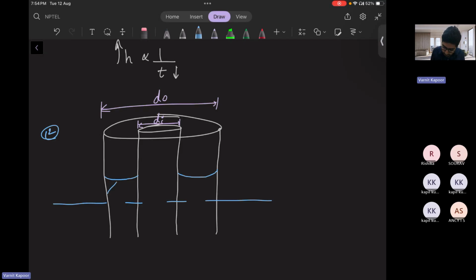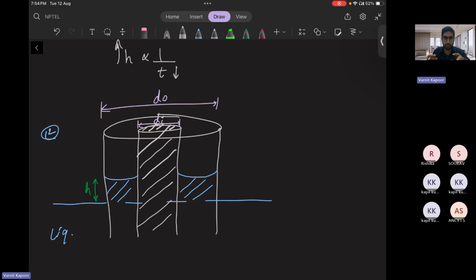So again, this is liquid, risen up to some H height. Again, we need to see, and this is solid glass. This is complete solid glass.